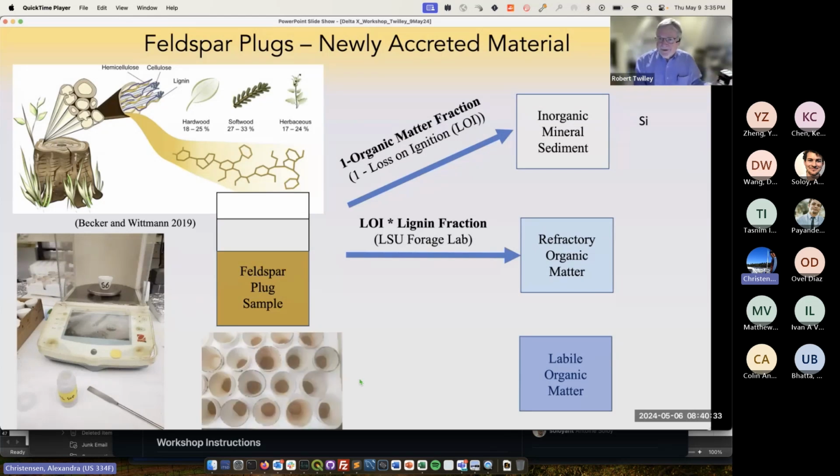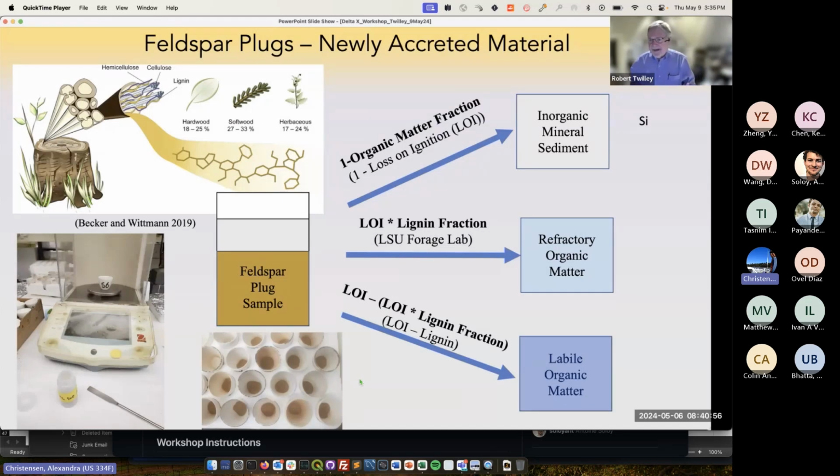What we're going to do in the future is add cellulose to this. We think that that's a missing component that's really important in these models. And what you have left, taking the mass balance approach, if I know how much inorganic I have and total organic matter, of that organic, I know how much lignin I have, then the part that's left over is the labile.